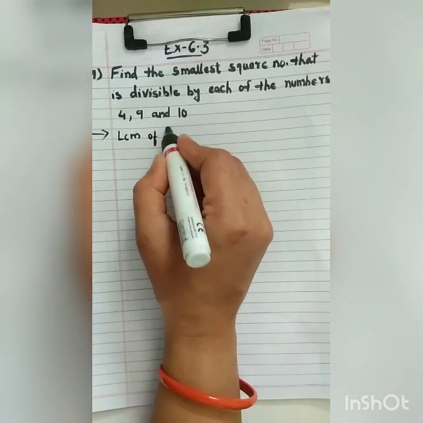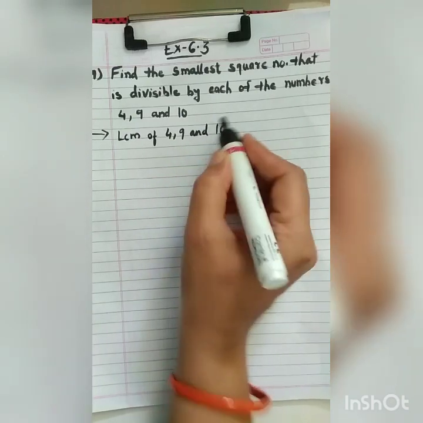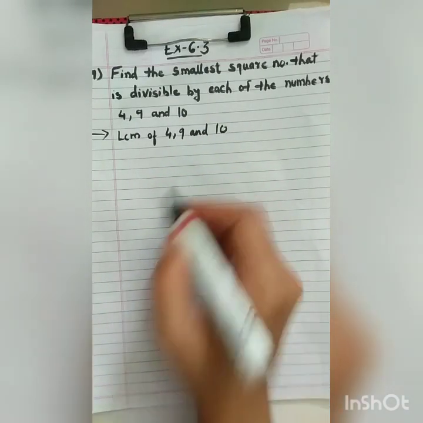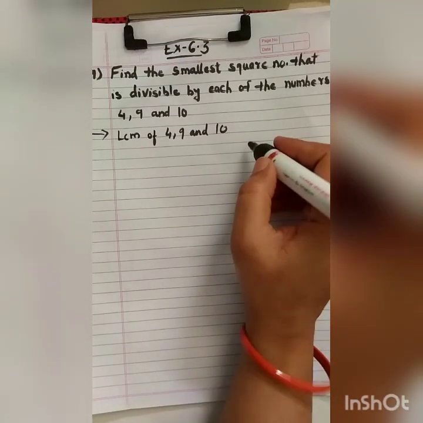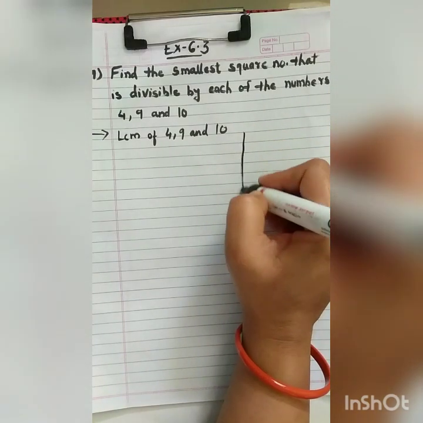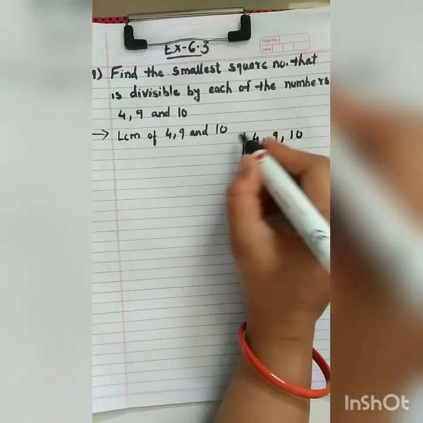LCM of 4, 9 and 10. First step is to find out the LCM of 4, 9 and 10. You know the long division method of LCM, so we can find the LCM of 4, 9 and 10 together.